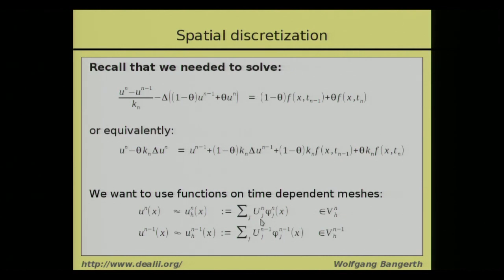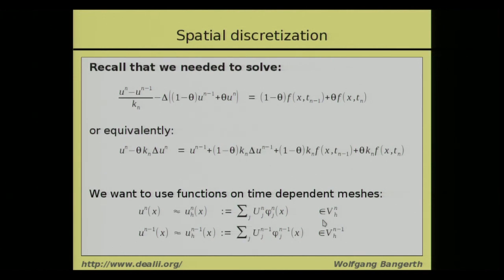If you remember the last lecture, these shape functions were always the same, so I didn't have to write an upper index n for these shape functions. All I needed was a phi_j. But now, if I use different meshes at different time steps, then I need to use different shape functions at different time steps as well. So this approximation for our solution u at time t_n comes from a space V_h^n.